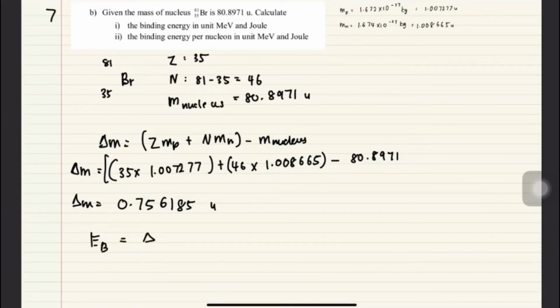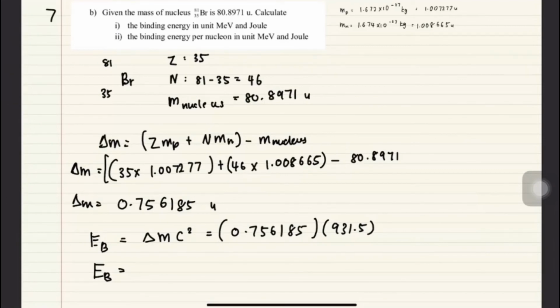So EB binding energy is delta MC square. Delta M is 0.756185. Like I told you before, if they give you delta M in U, you just have to multiply with 931.5. Okay, senang ya, senang. So you get EB equals to 394.197.